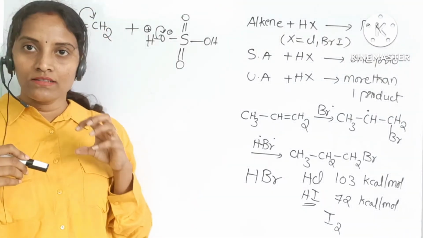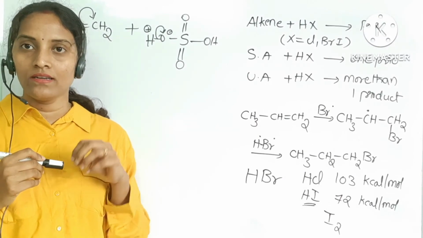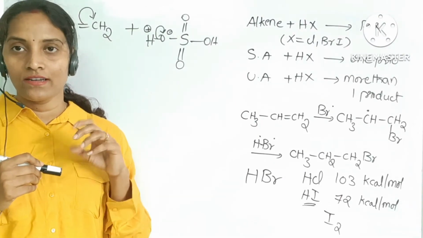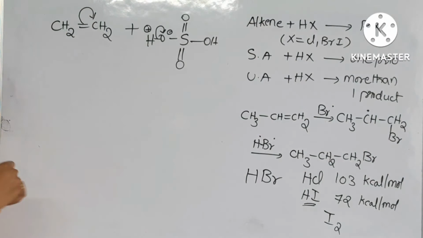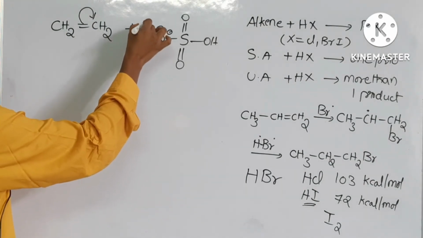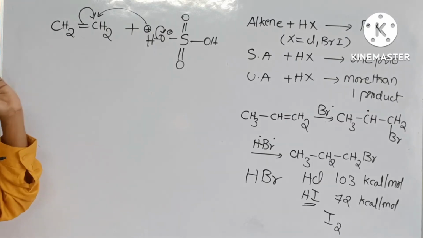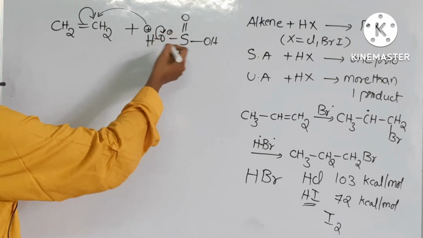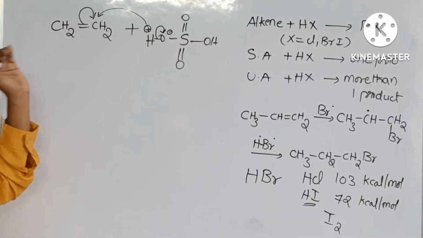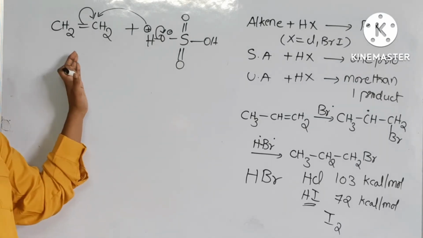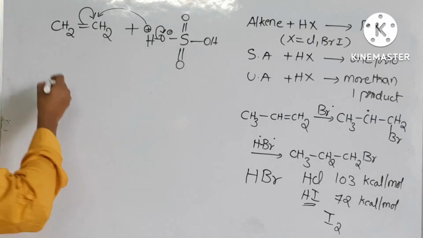This mechanism is mainly based upon electrophilic addition. Here H plus is the electrophile, so this H plus goes to one carbon, the carbon that carries a negative charge, and the hydrogen sulfate ion goes to the carbon that carries a positive charge.